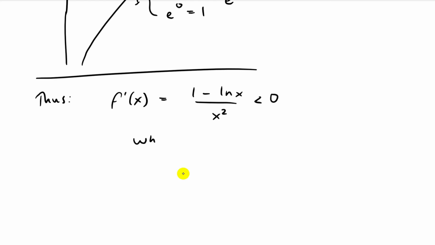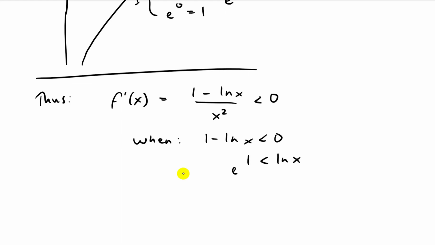So when 1 minus ln of x is going to be less than 0, because this is always positive, in other words, we just move this around, move the ln of x over there. We get ln of x greater than 1. I'll just make it less confusing to keep the same sign. Just move this over, so ln of x like that, and it's going to be greater than 1.